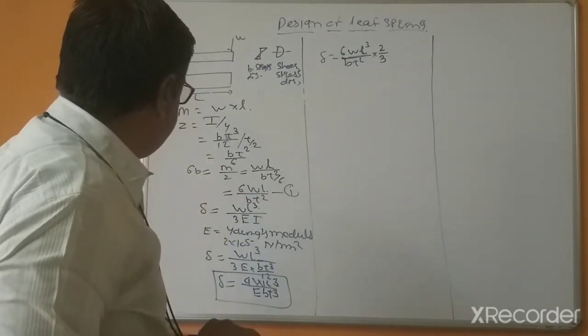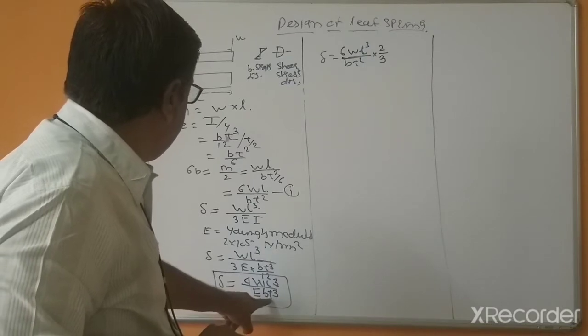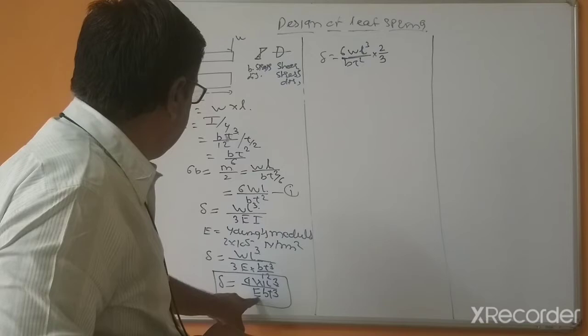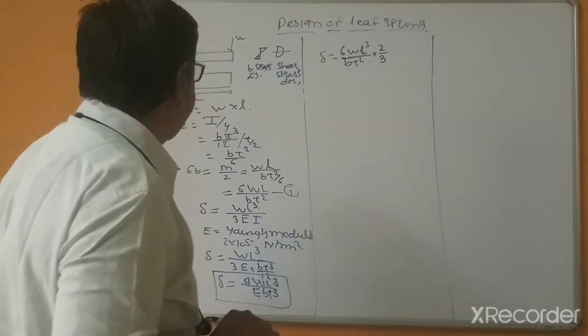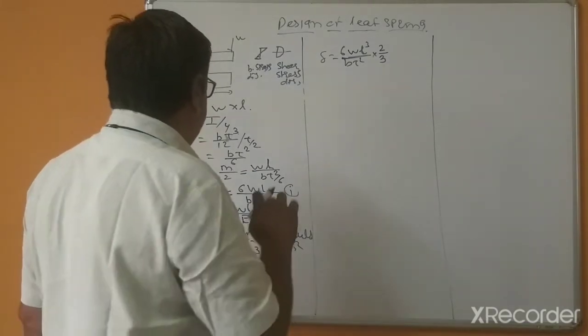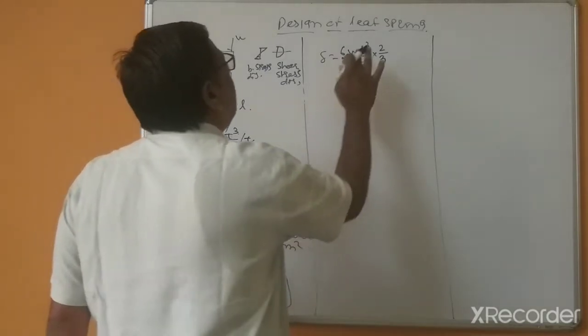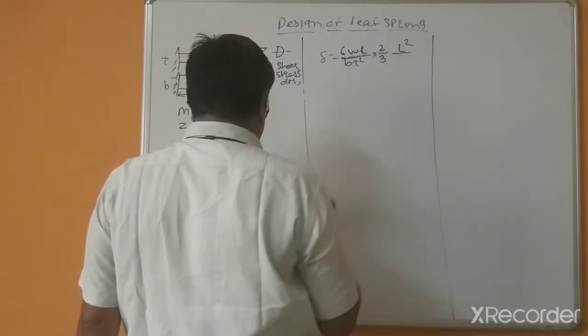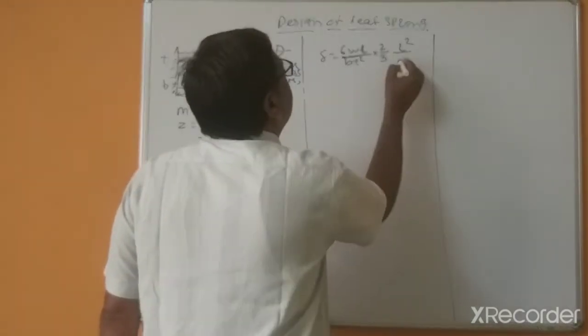So what is remaining? bt squared we consider, and now what remains is E into t, and this is WL, so L squared divided by Et.